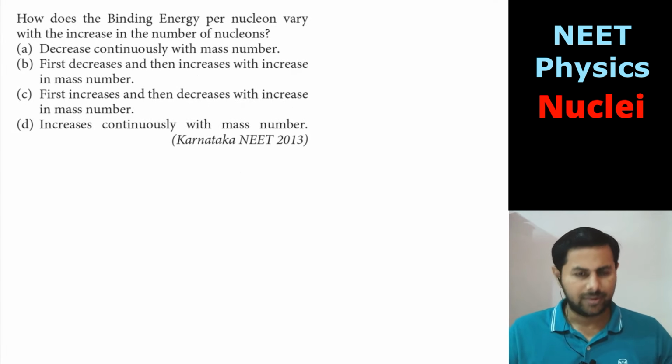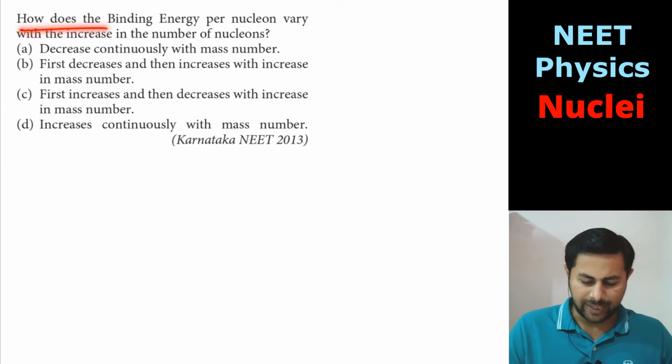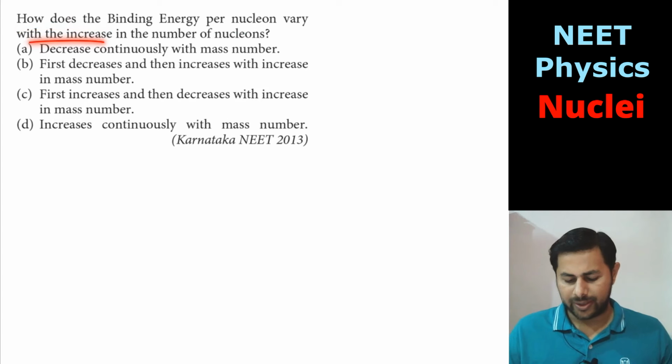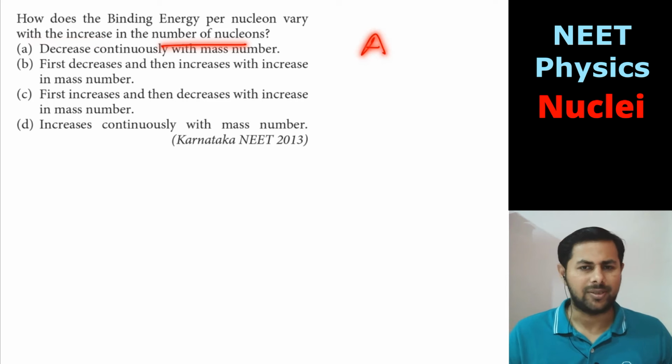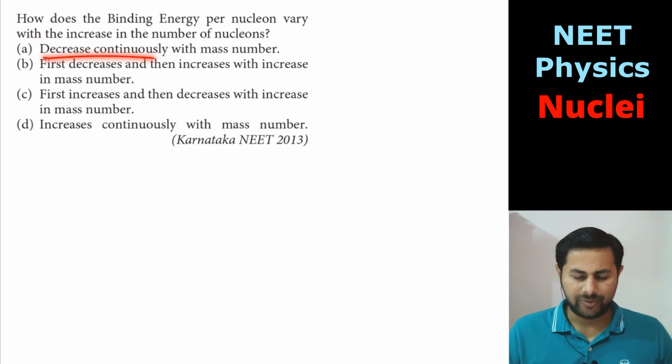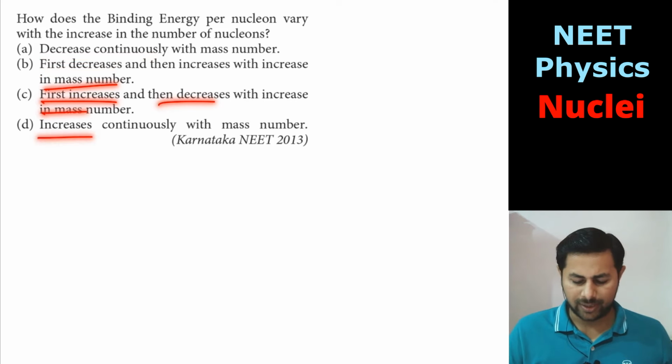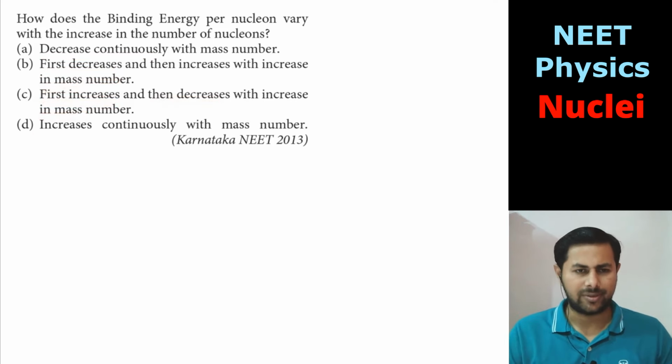Then let's see the next one. How does the binding energy per nucleon vary with the increase in the number of nucleons, or you can say increase in mass number? Decrease continuously with mass number. First decreases, then increases with increase in mass number. First increases and then decreases with increase in mass number, and increases continuously with mass number. Tell me. Binding energy per nucleon.